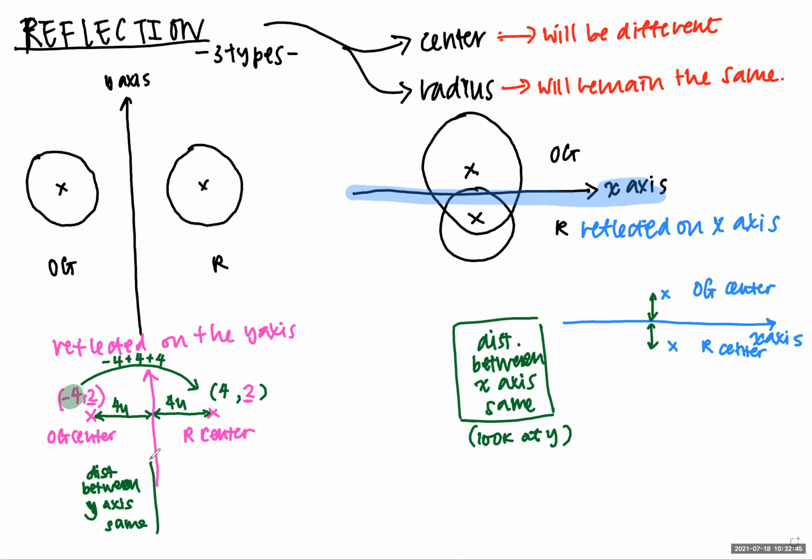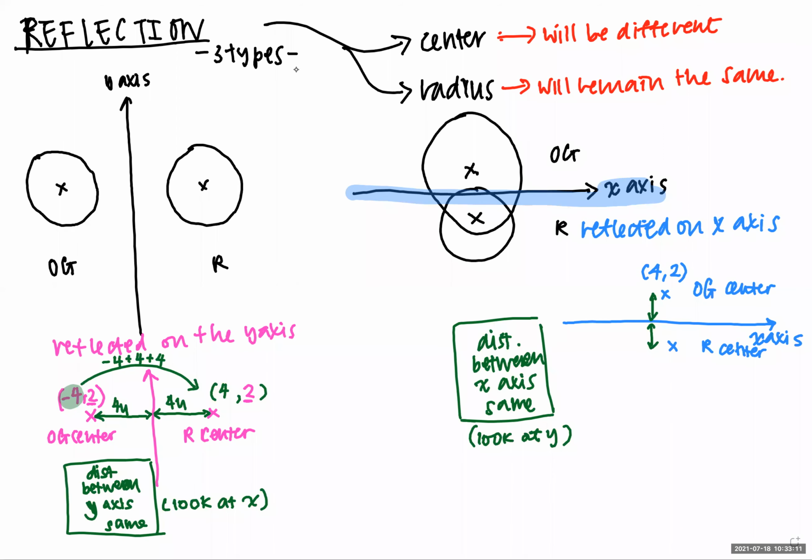Later you can add on, look at x. Let's say for example, I give the same example. Over here, it's 4, 2. So right now we look at the x or the y.